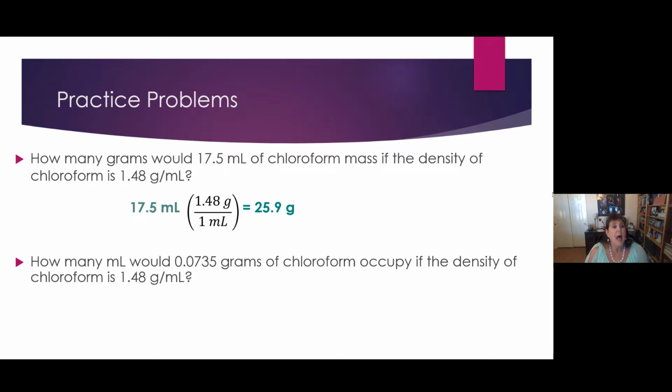All right. How many milliliters would 0.0735 grams of chloroform occupy if the density of chloroform is 1.48 grams per milliliter? Are we calculating density? No, density was given, 1.48 grams per milliliter again. So density is given, don't start with it, it's the conversion factor. Start with the other number. What's the other number?